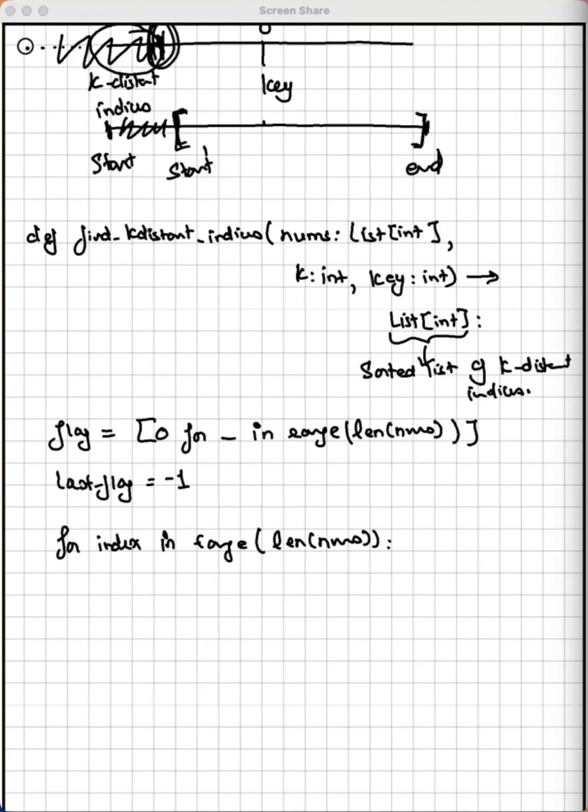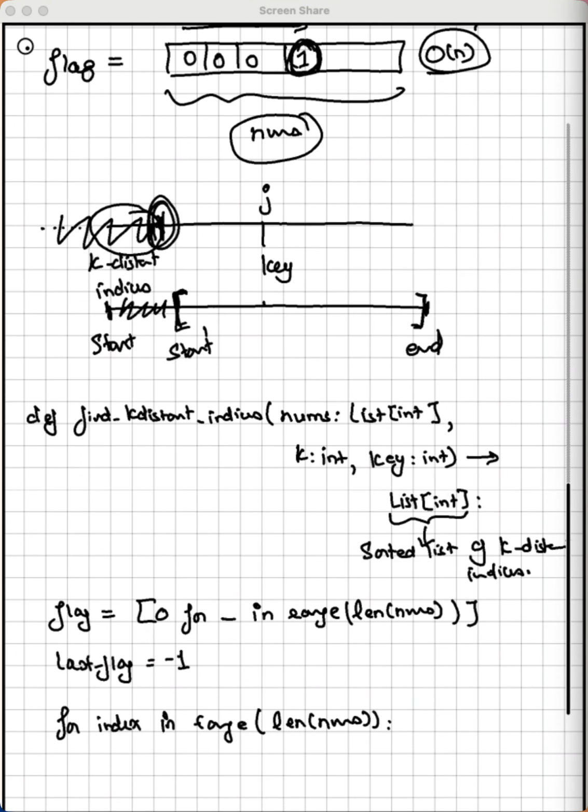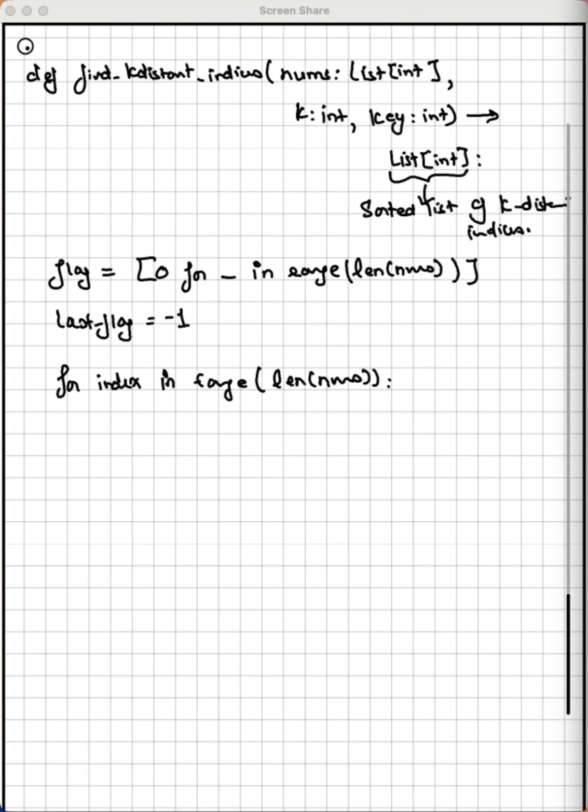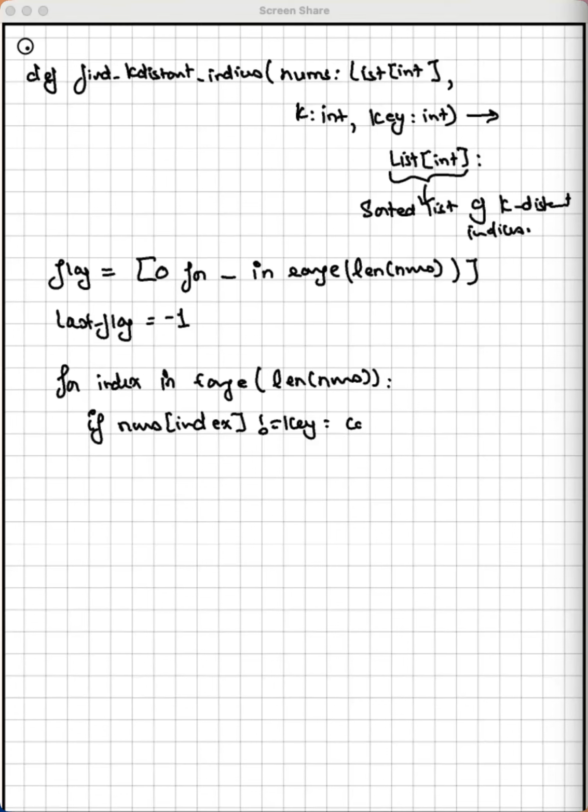Now let's take a pause here and think about what is going to happen. We're going to execute whatever we are looking at here only when we encounter a key. If we don't encounter a key, we don't need to do anything. So let's write that condition first. If nums of index is not equal to key, let's just proceed.